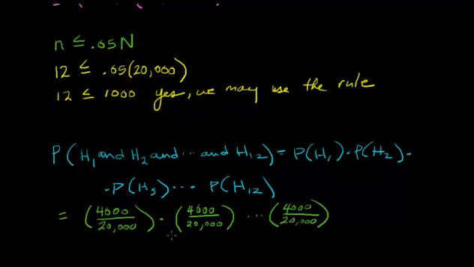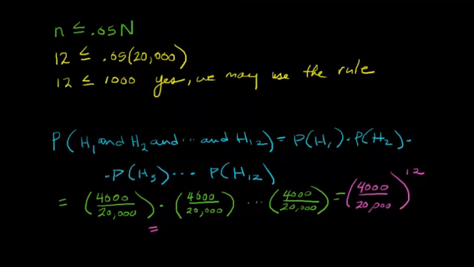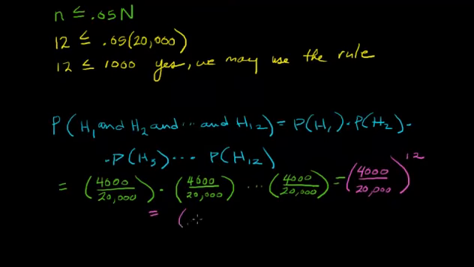So in fact, if we have a product of 12 of these all multiplied, there's a much easier way to write this. To the 12th power. And recall, we found that value a little bit earlier. It was 0.2.